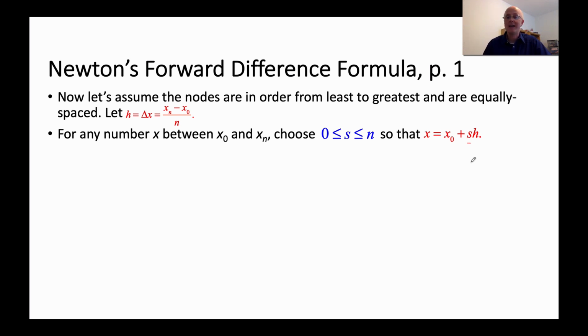When s is 2, you get x0 plus 2h, which is x2, etc. When s is n, you get x0 plus n times h. If you replace h with xn minus x0 over n, the n's cancel and it simplifies to xn. But we do want to be able to use this idea even if s is not a whole number. Let me go ahead and draw a picture showing you what's going on here.